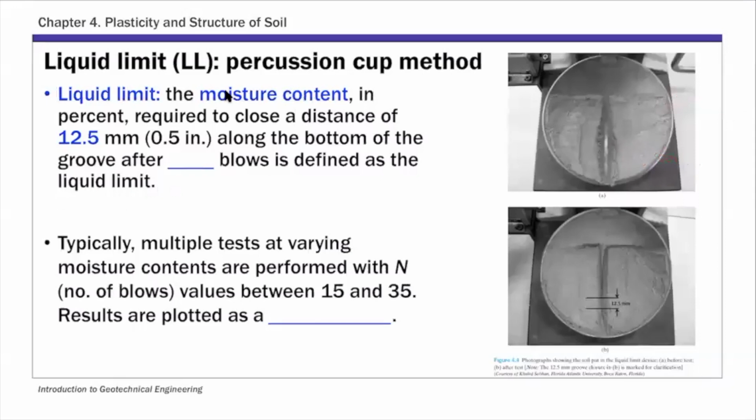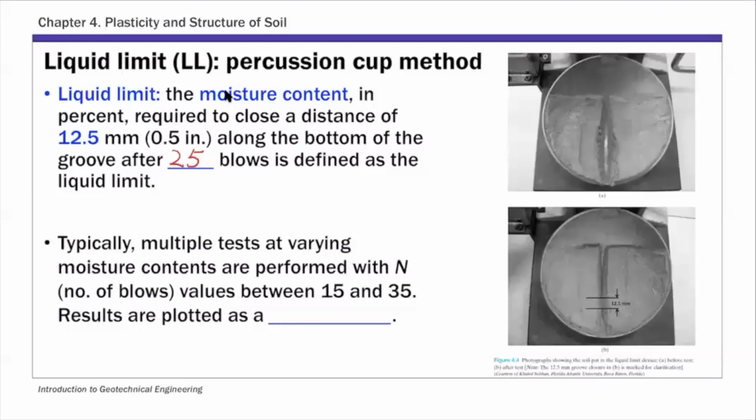And liquid limit is defined as the moisture content required to close that groove after 25 drops, after 25 blows. Okay. So that's how you determine this liquid limit from the lab test. So that's, again, the moisture content required to close that standard groove after 25 blows.